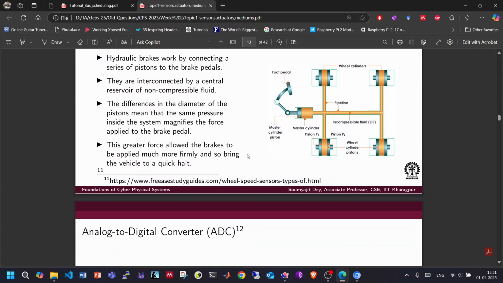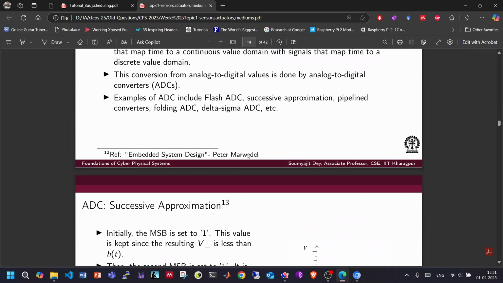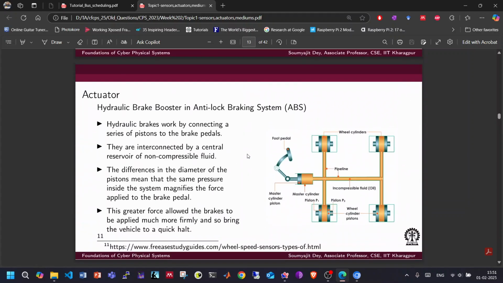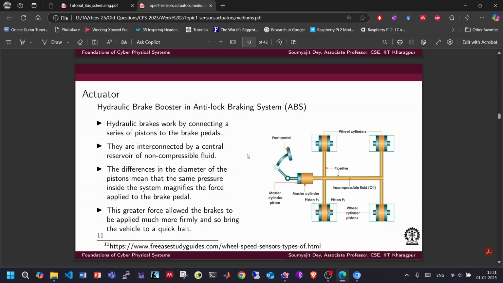So with this, there are obviously different kinds of actuators. Here we have given one example, that is the hydraulic brake booster. We all know from childhood, we are reading about these things. Obviously they use some incompressible fluid like oil, but there is a chance of leakage, so you need to have it leak proof.